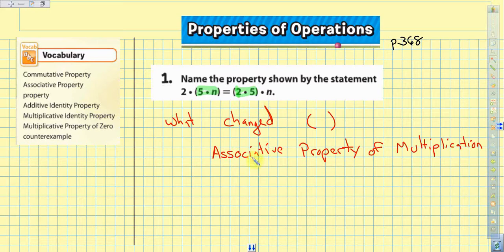And so that would be my answer, the associative property of multiplication. Mainly because it is parentheses that have changed. Okay, go ahead and go to your Go Formative, see if you can figure out the next one.